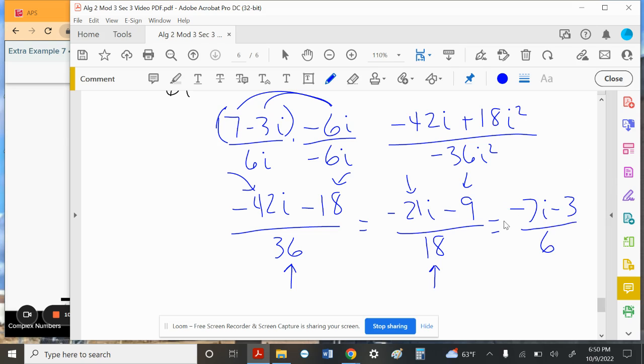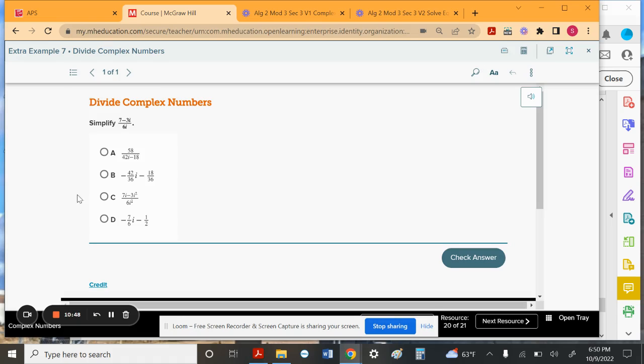Okay. Notice there's a little similarity here. We won't talk about that yet, but there is a little similarity as we kind of go through this. So this would be my final answer, negative 7i minus 3. Well, this is it, I squared, but that's not how they should write it.